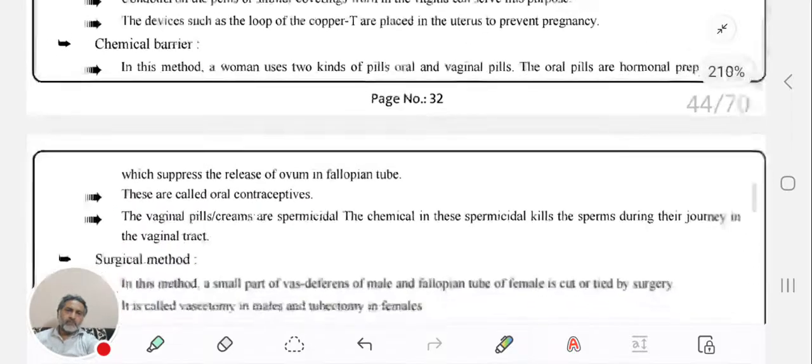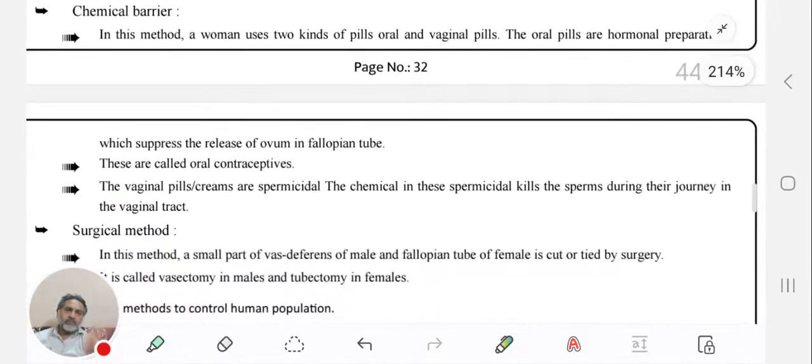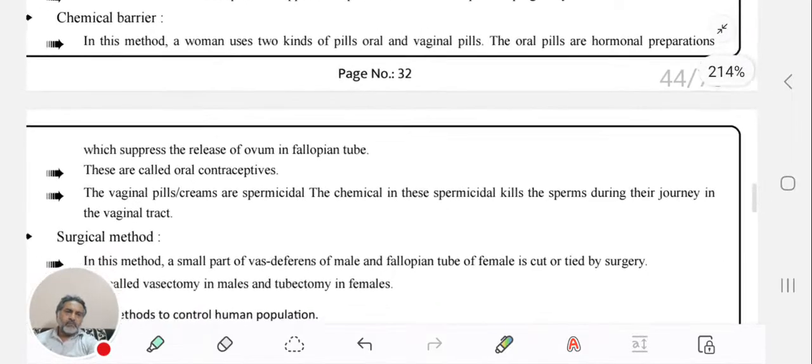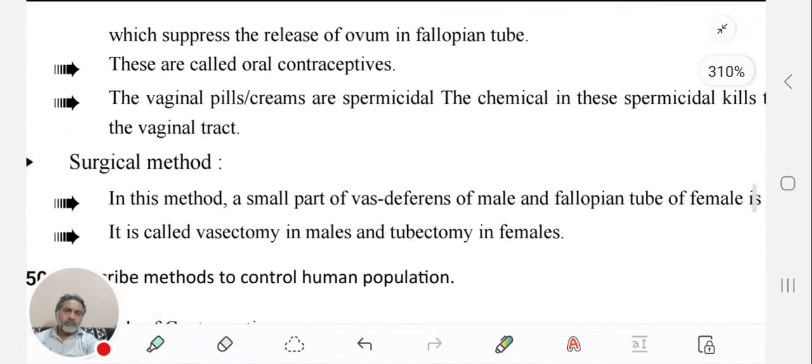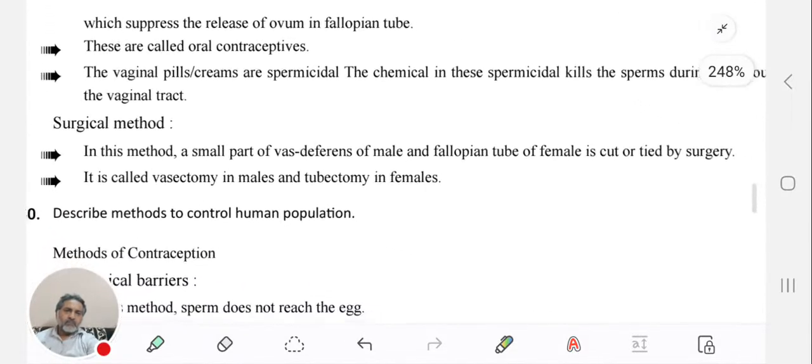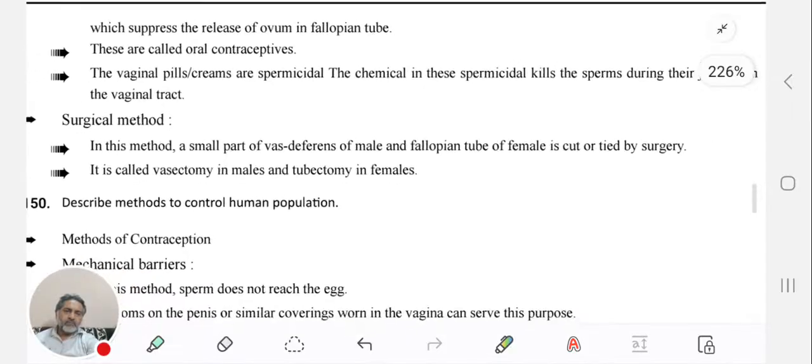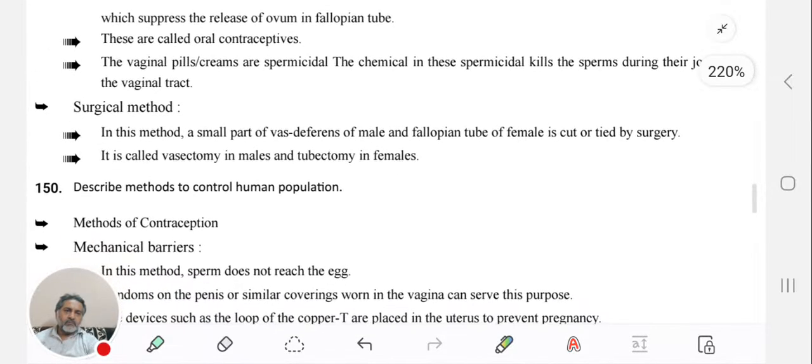Chemical barrier. In this method, a woman uses two kinds of pills, oral and vaginal pills. The oral pills are hormonal preparations which suppress the release of ovum in the fallopian tube. These are called oral contraceptives. The vaginal pills are spermicidal.